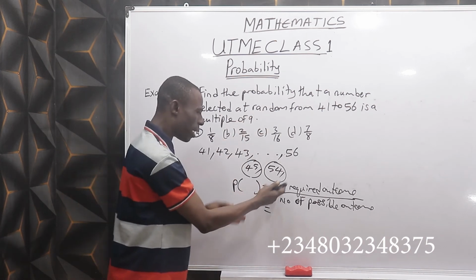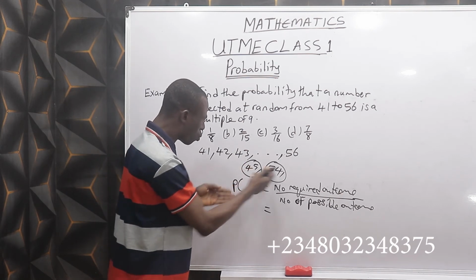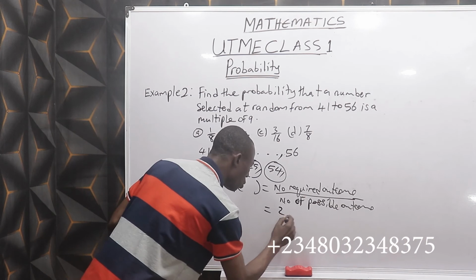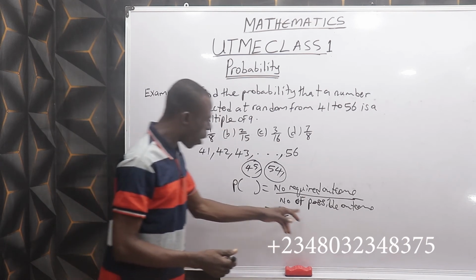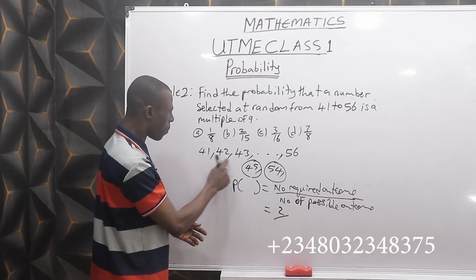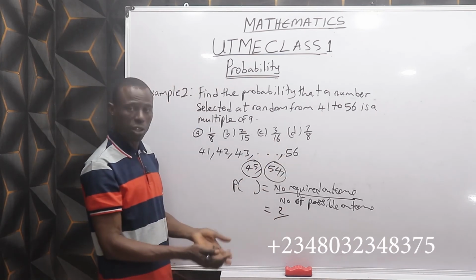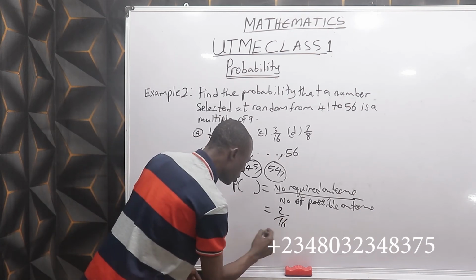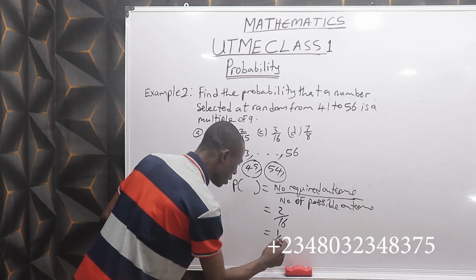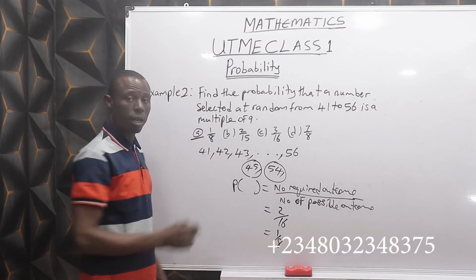What is their number? Number of required outcome, number of them is 2. Only 2 of them are multiples of 9. So we have 2 over. What of number of possible outcome? The number of possible outcome here is the total number present here from 41 to 56, which is 16. Reducing this to the lowest term, 2 in 2 is 1. 2 in 16 is 8. Answer will be 1 over 8, which is option A.